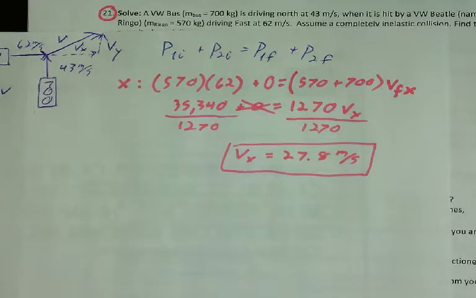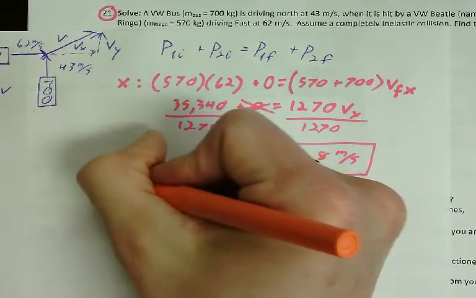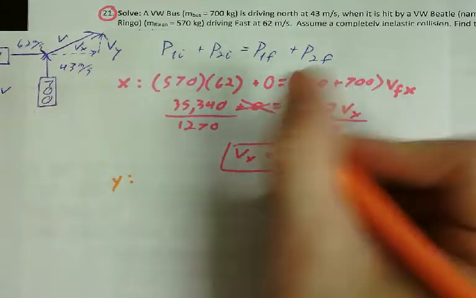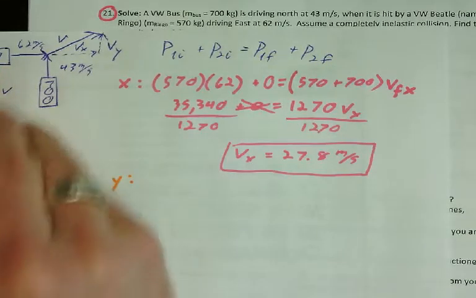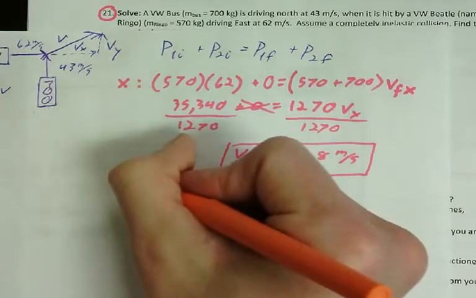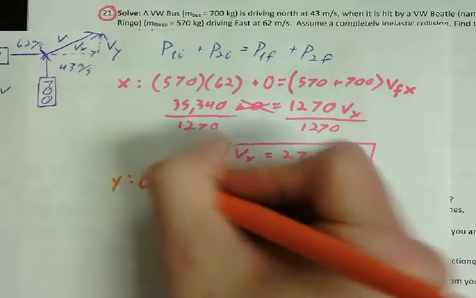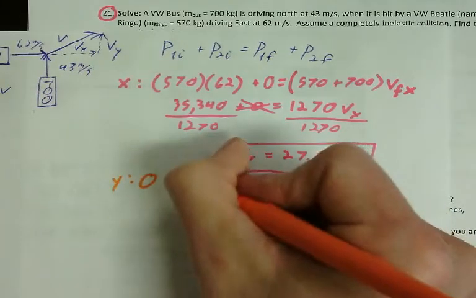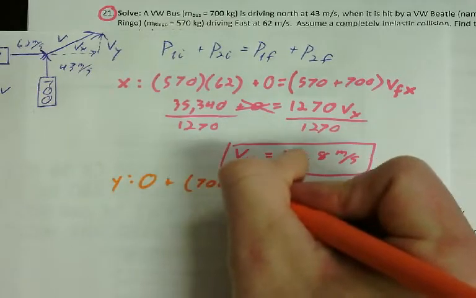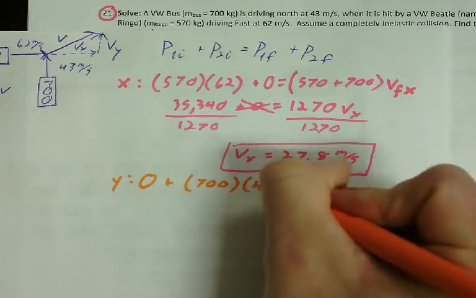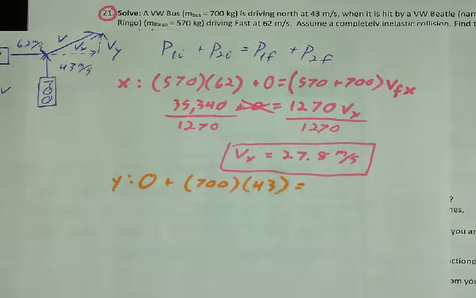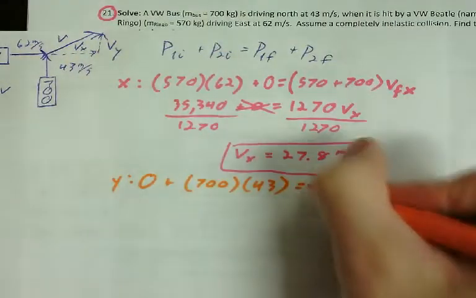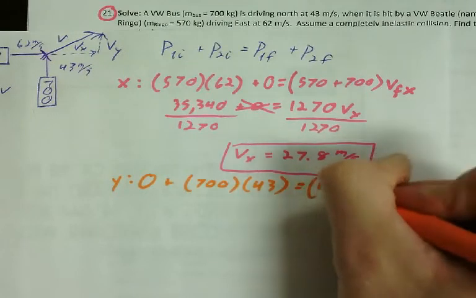We're not done yet. We need to do the exact same thing for the y direction. So I'm going to go ahead and do that now. Okay, what's the car's vertical motion before the collision? None. Okay, what's the bus's vertical motion? Okay, P equals mv. 700 times 43. After the collision, they stick together in the y direction, so they add the masses together, 1270.